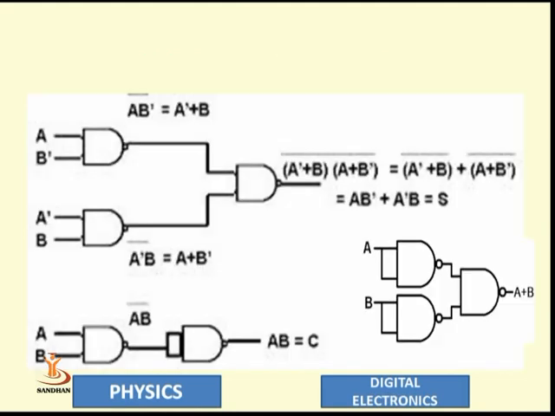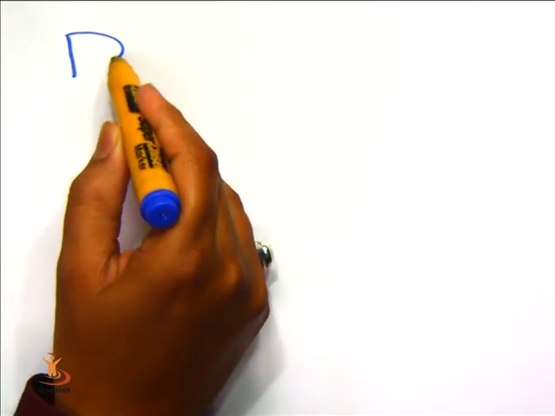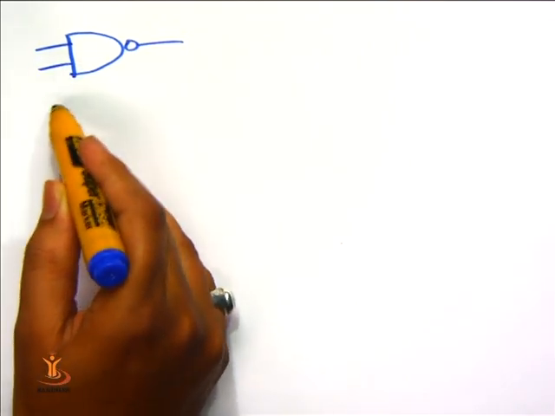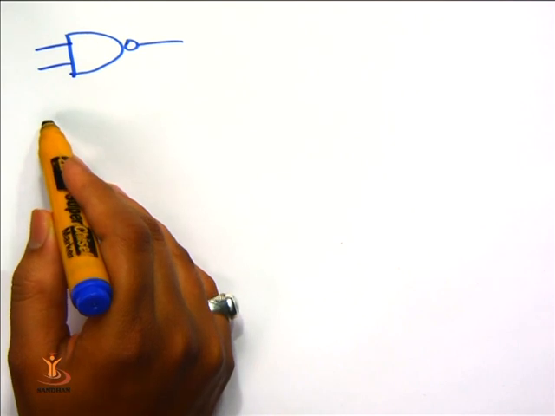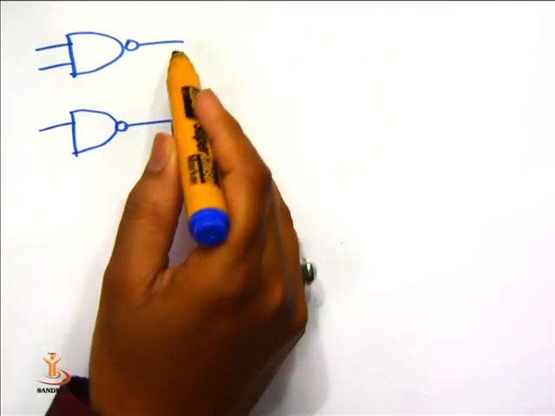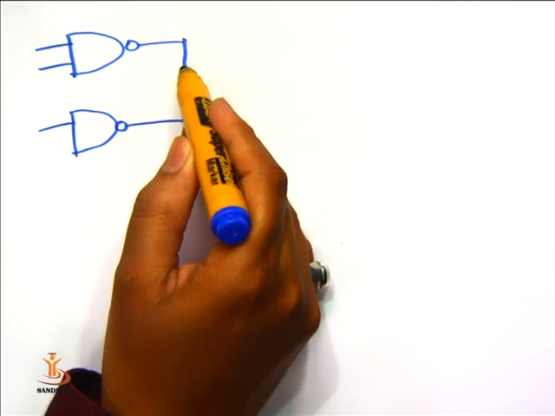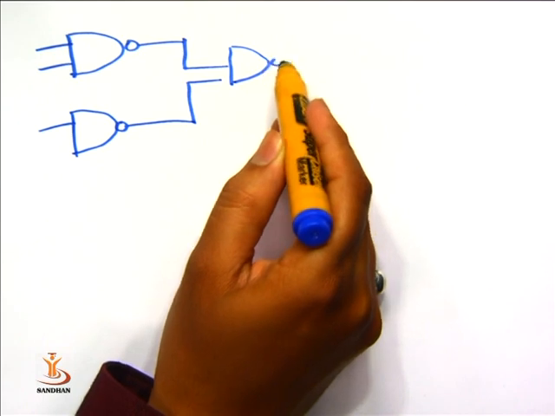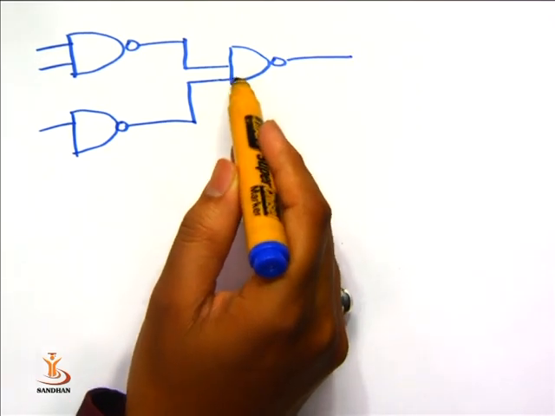This figure also shows how we can construct AND gate with the help of NAND gate. Here we are using 3 NAND gates.